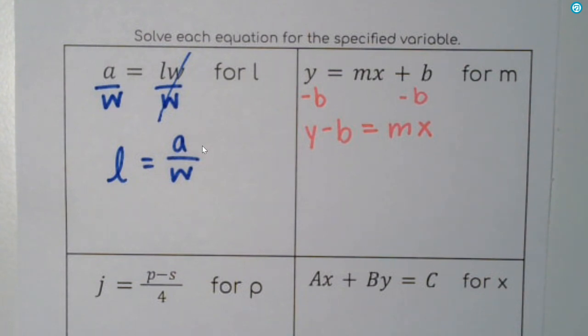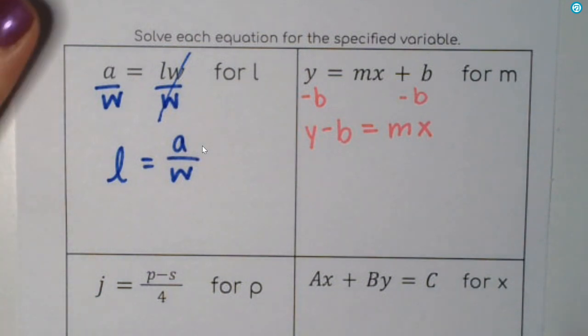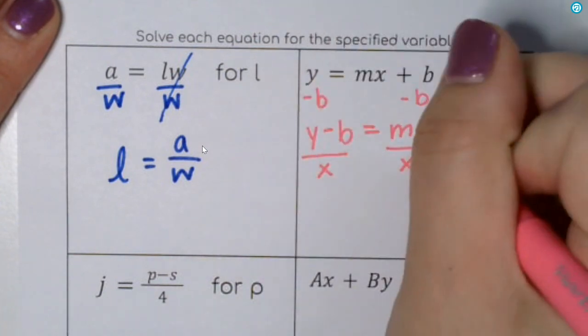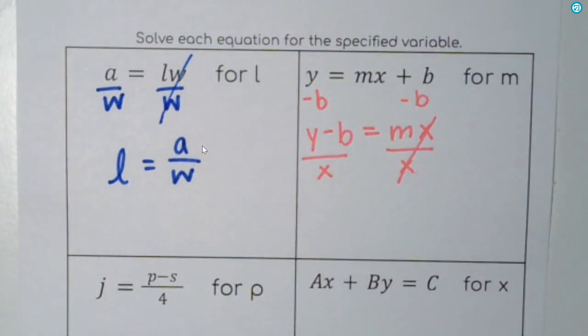Okay, then from there, we want to get x by itself. So to get x by itself, no, we want to get m by itself, sorry, because we're solving for m. It literally says that right there. We want to get m by itself. So to solve for m, we're going to divide both sides by x. So divide by x on the right, divide by x on the left. Those cancel out, and now I've got m by itself.